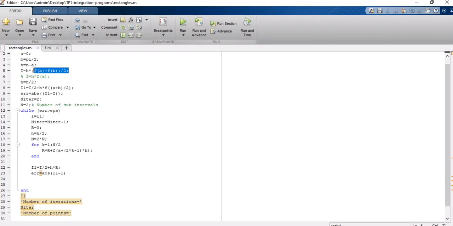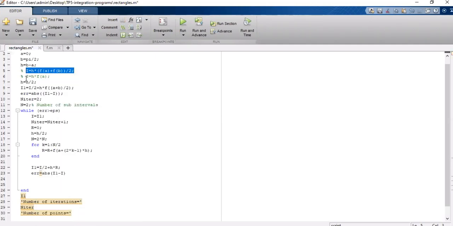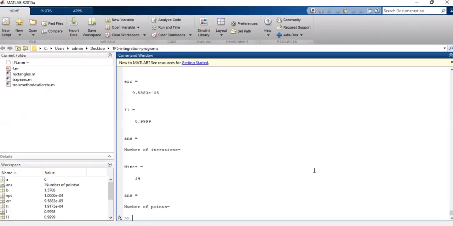So I'll show you. If I comment this out, this is the first step. If you just change the value of the first step, I will run this and show you the value here on the shared screen.